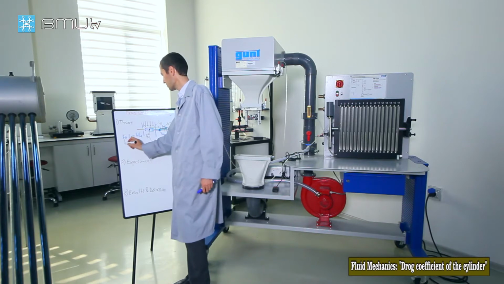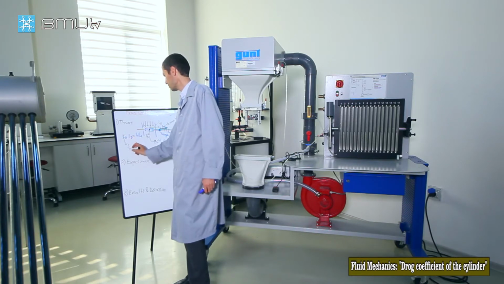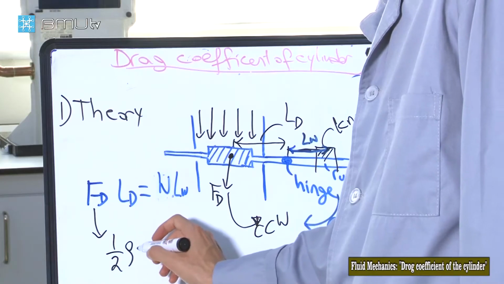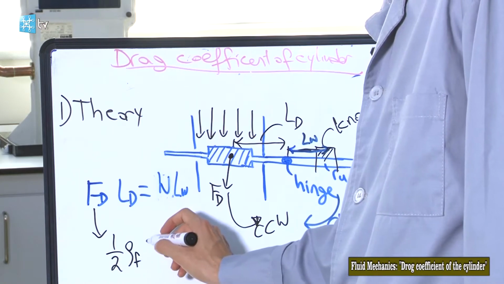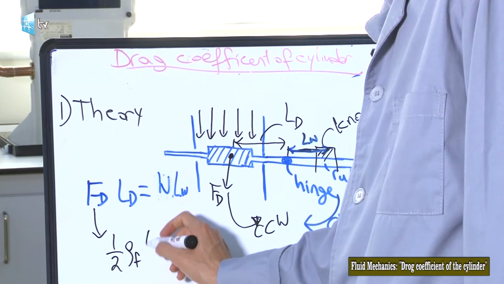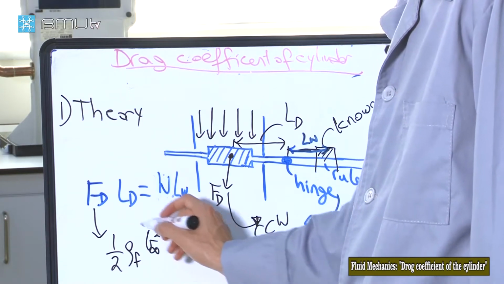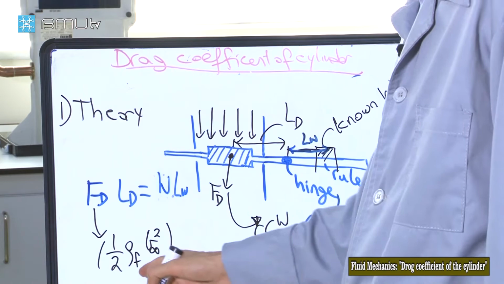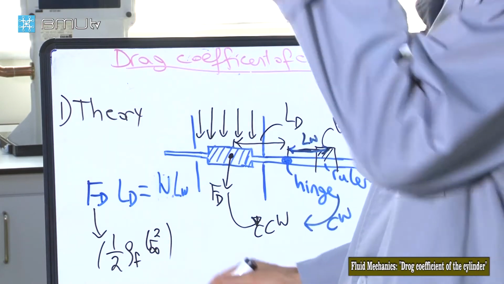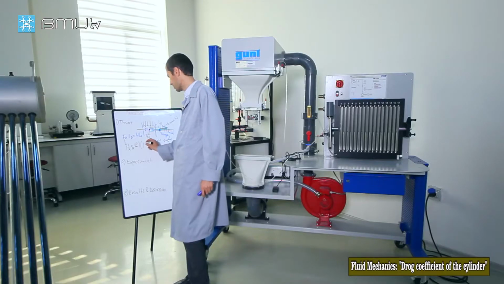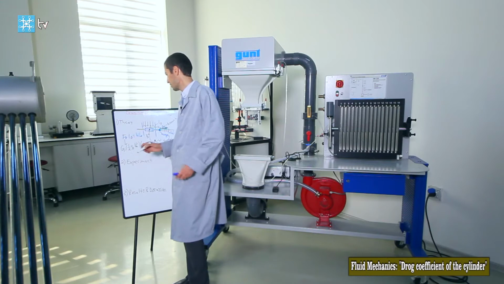And the drag force formula, if you remember, is half of rho, the density of the fluid, times V infinity squared of the air, which is the kinetic energy term. This acts on some area, the reference area, with some drag coefficient, which is CD.